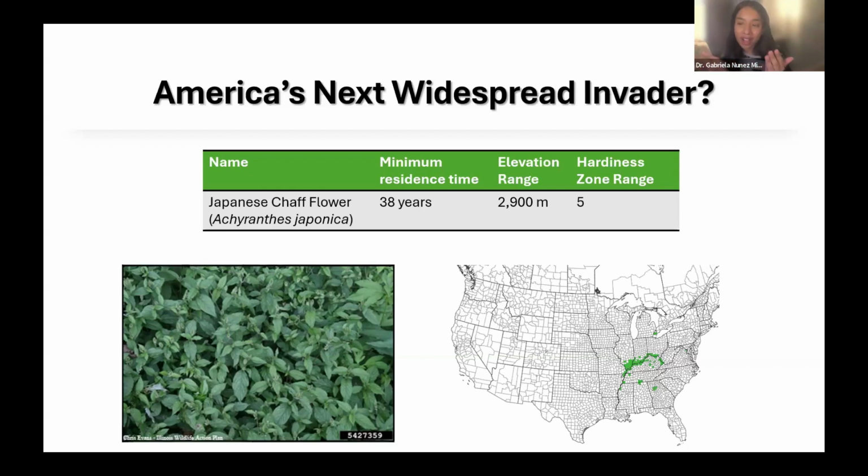It was really fun. Last time I gave this talk at a conference at ESA, a couple of years ago, a practitioner in Kentucky came up to me. He's like, "Wow, it's crazy that you're talking about Japanese chaff flower because we're dealing with it right now, and it's so awful." And talking to another colleague over at the University of Illinois Extension, he's like, "Yeah, I grew up with that stuff. It's pretty bad."